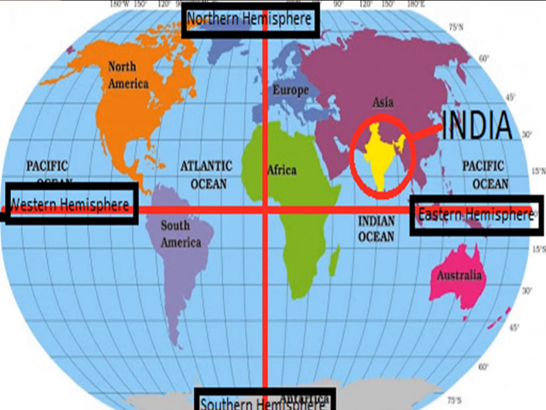So if we take according to this 0-degree longitude, we can see India is in the Eastern Hemisphere. So like this you can locate India properly with the help of equator and Greenwich meridian or prime meridian.